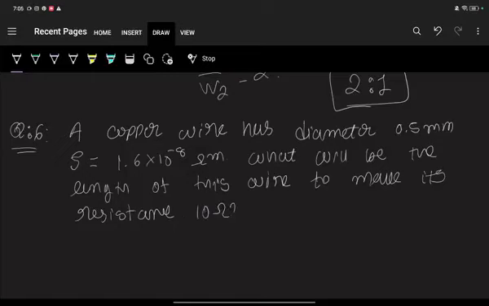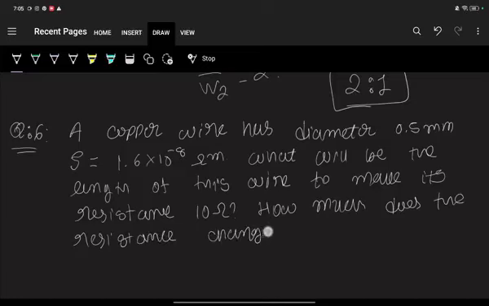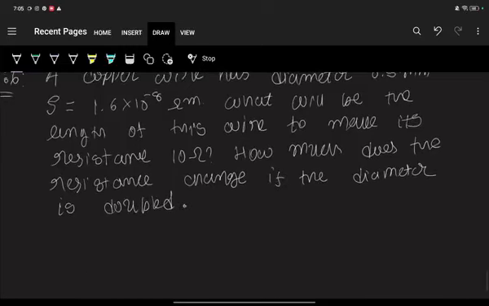How much does the resistance change if the diameter is doubled? Okay, do this question.